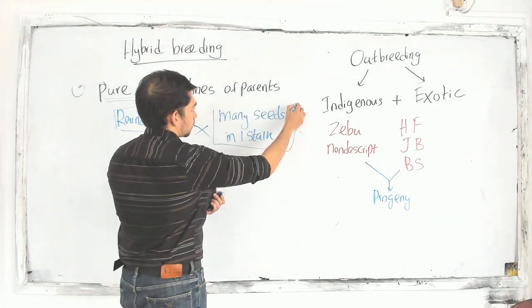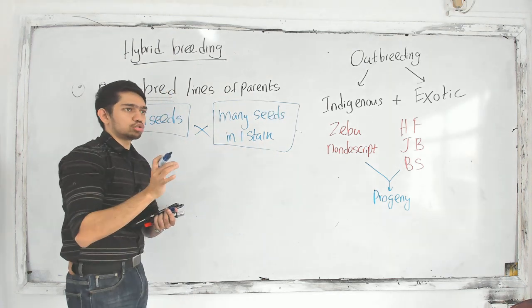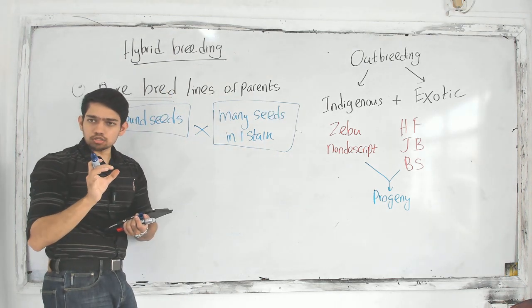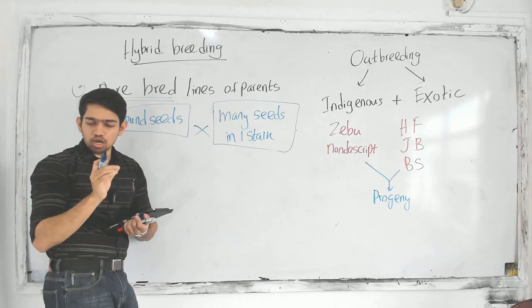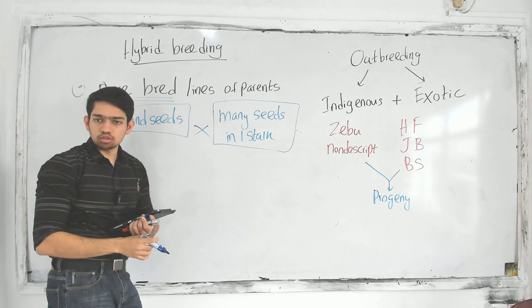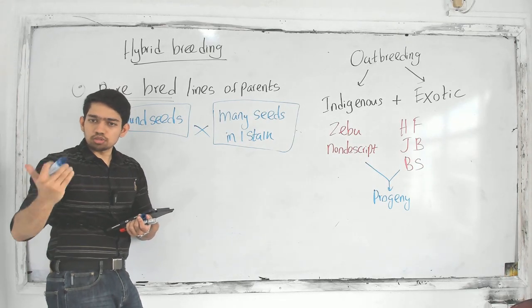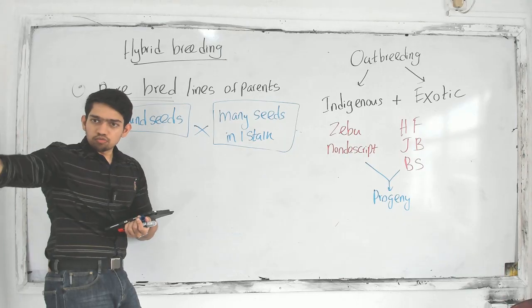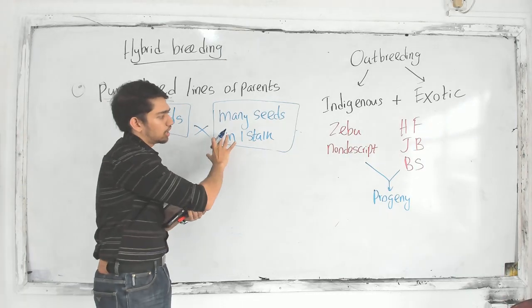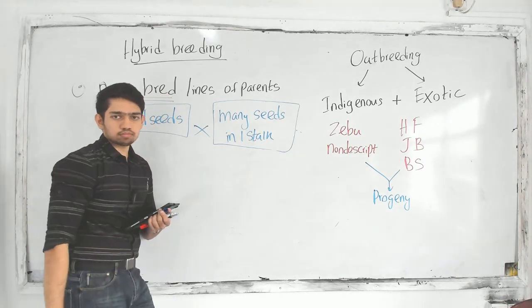Then from another population you choose paddy plants that are making a large number of seeds per stalk. Then you cross them among each other for several generations until everyone produces many seeds.